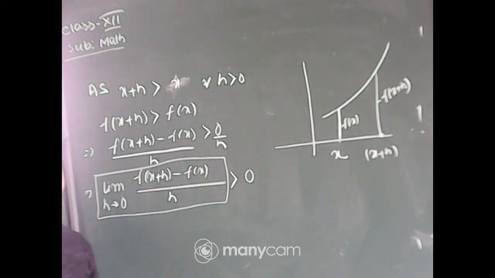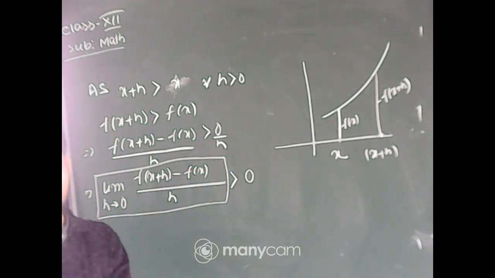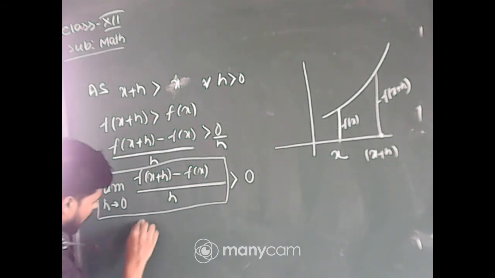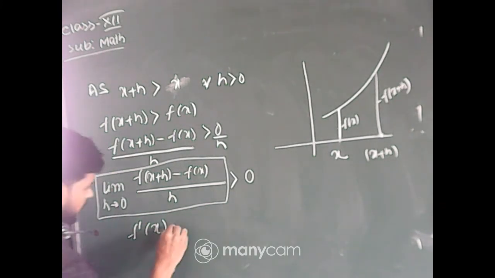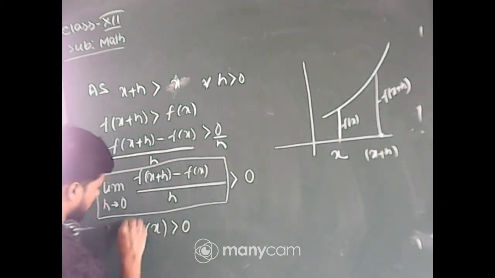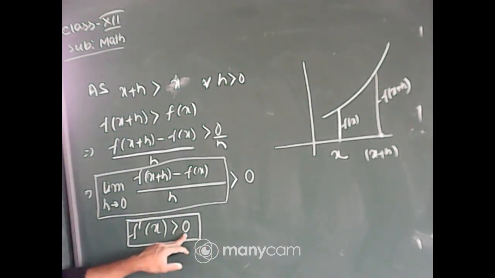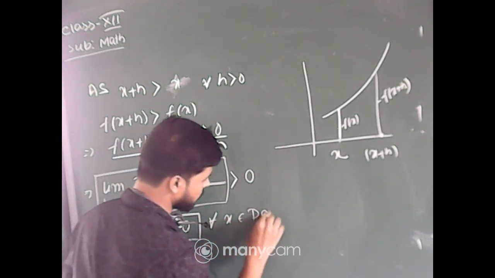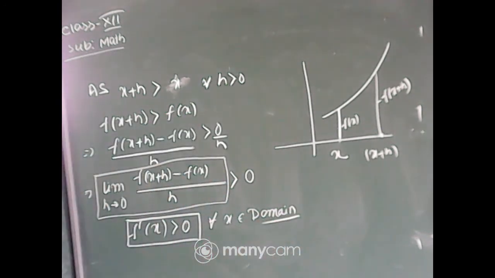Yes, this is the derivative. This represents the derivative. So this is actually f dash x, the derivative of the function at x equal to x, that is greater than 0. So a function is said to be an increasing function if f dash x is greater than 0 for all x belonging to its domain.